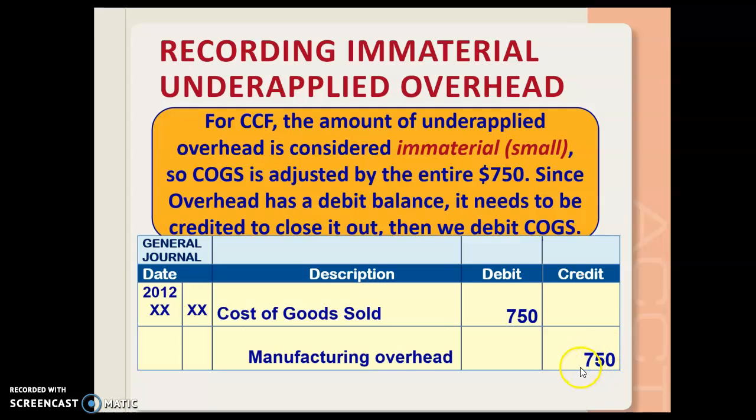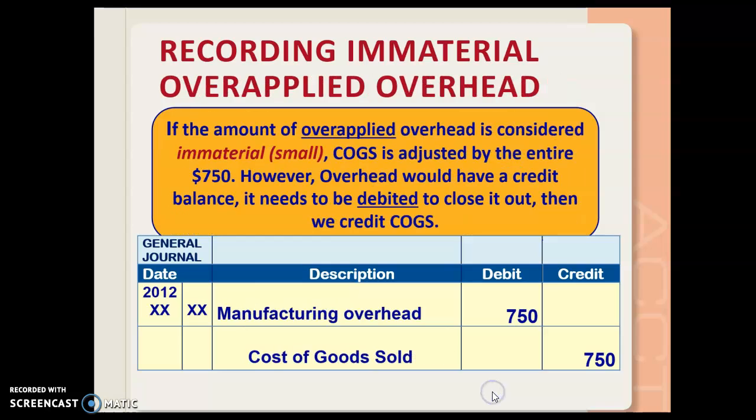So figure out first what you need to do to overhead to get it to be zero, and put that in your journal entry first. So here we're crediting $750 to overhead. And then the opposite is what you'll do to cost of goods sold. So here we're debiting cost of goods sold for the $750.